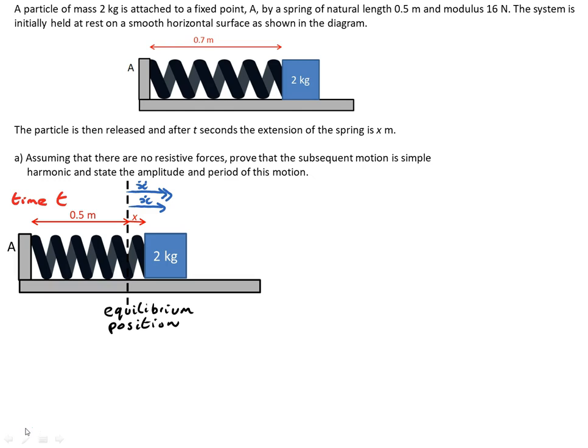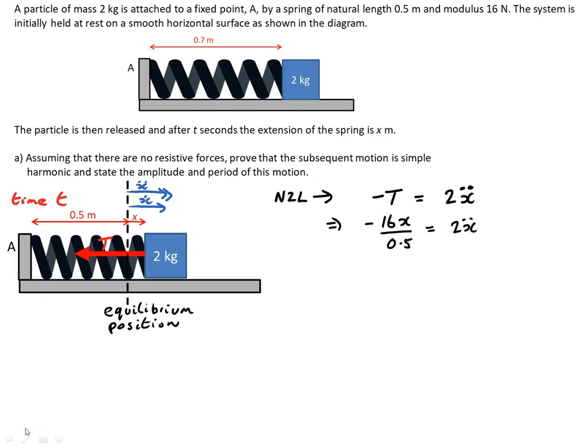The only force acting on the object is the tension in the spring. So Newton's second law applied to the right is going to give me minus T equals the mass 2 times the acceleration, x double dot. Hooke's law tells me that T must be the modulus 16 times the extension x divided by the natural length 0.5.